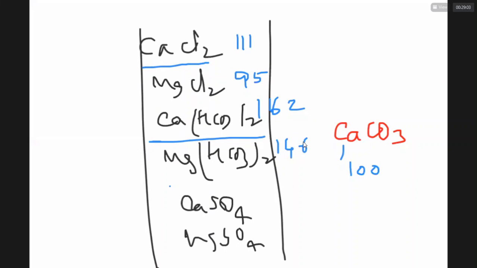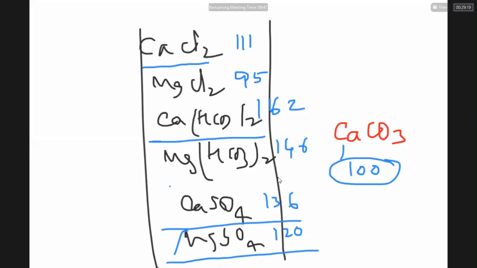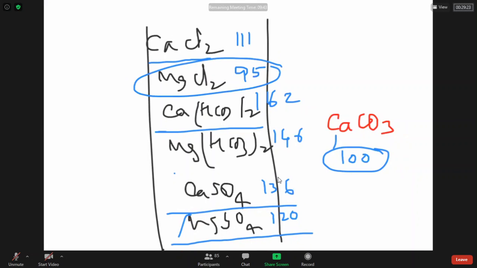Calcium sulfate molecular weight is 136. Magnesium sulfate molecular weight is 120. What you do is, 120 grams of magnesium sulfate means 100 grams CaCO3. 95 grams of MgCl2 means 100 grams CaCO3. Any molecular weight you convert into CaCO3.